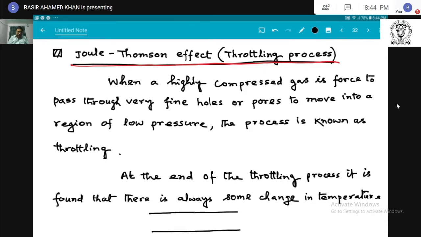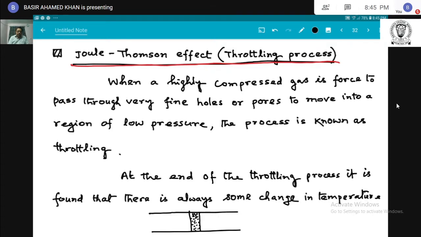Here is a porous plug, tightly fitted. A porous plug is nothing but woolen or cotton or silk. Here are very fine holes, that's why this is called a porous plug.